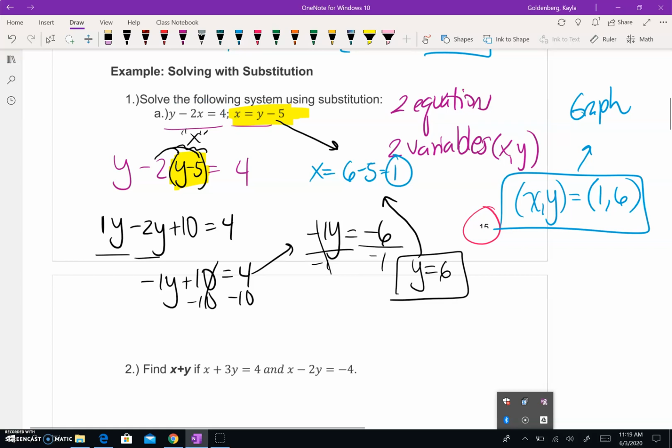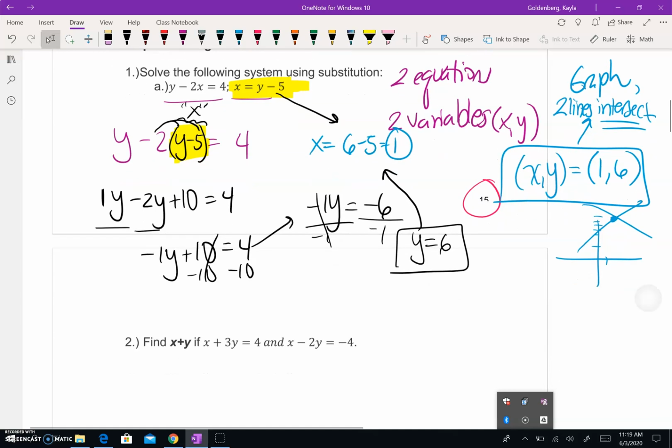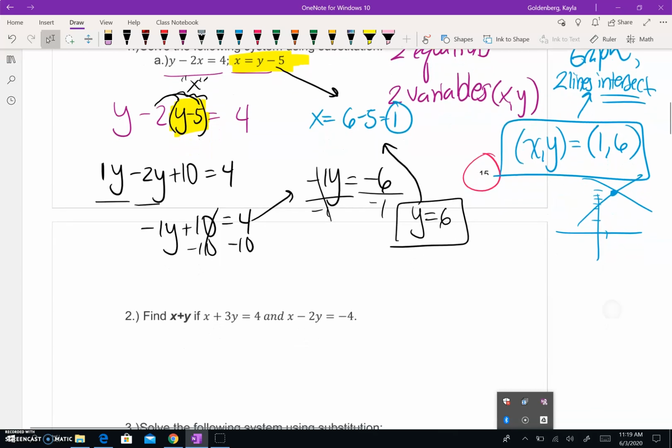And if I graph those two lines, it's where two lines intersect. So the point 1 comma 6 on a graph, if you were to visualize 1 comma 1, 2, 3, 4, 5, 6, this point is going to be where the two lines intersect. They might be going like this or, you know, what have you. But those two lines are going to be intersecting at that one specific point. That's the one point where x and y are exactly the same for both of your equations.